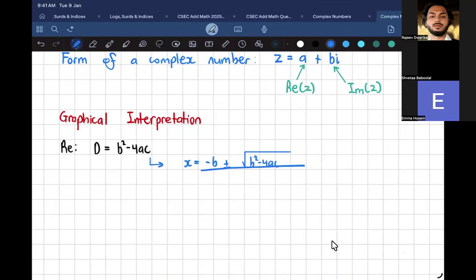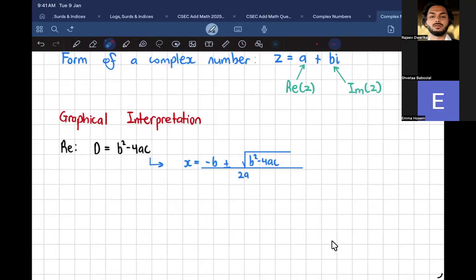Now, Shweta, why do you think that component is so important? It tells you whether it's going to be real or not. Exactly, because if you find b squared minus 4ac, look at where it is.